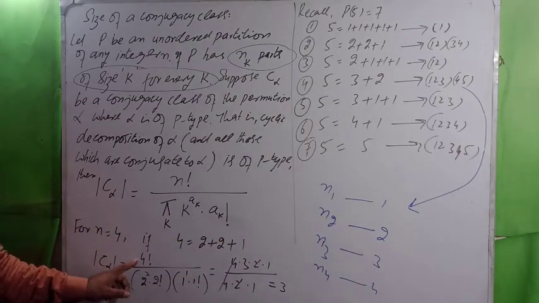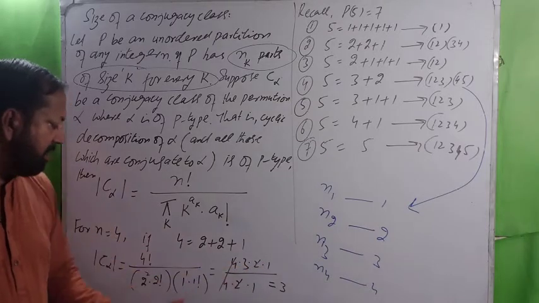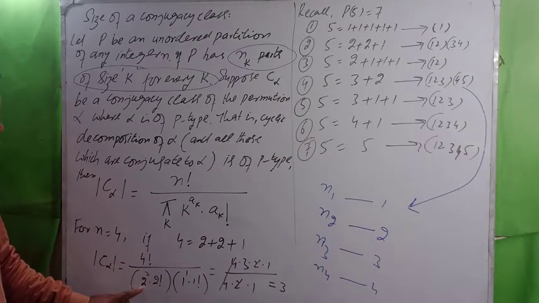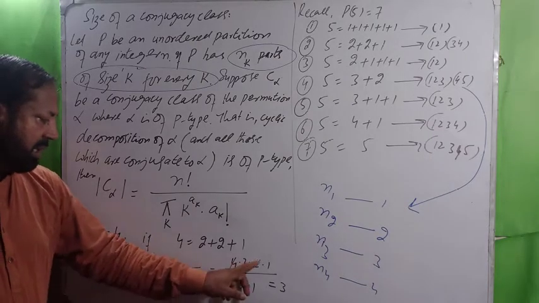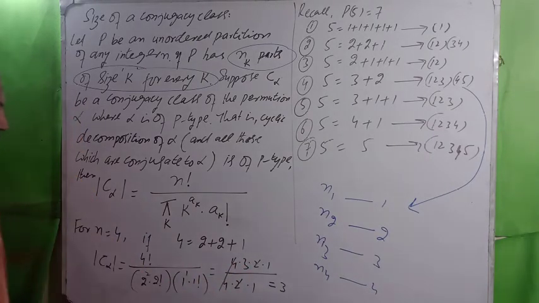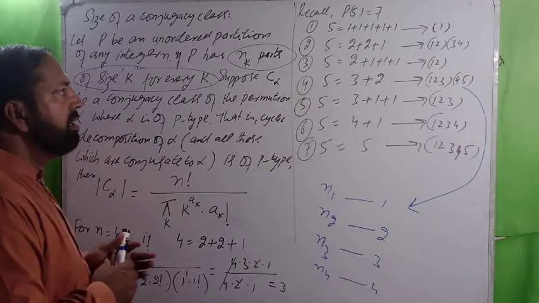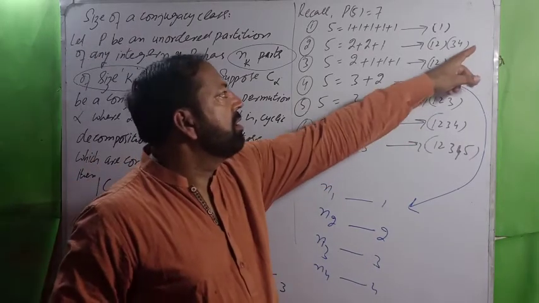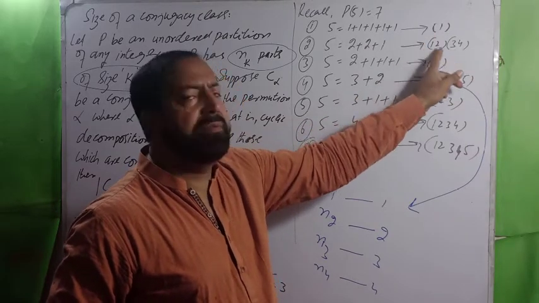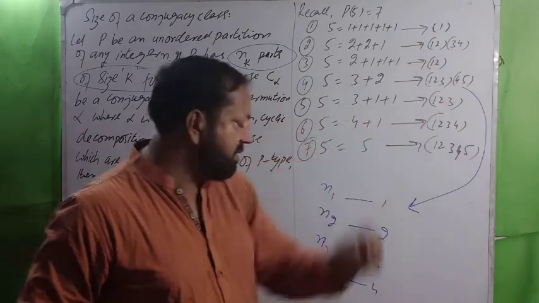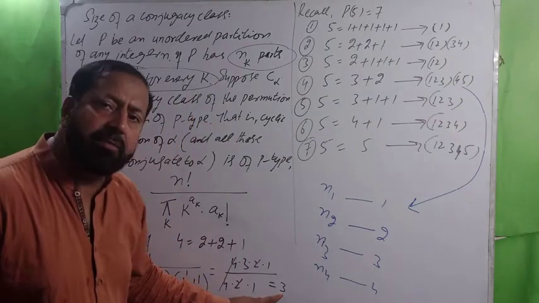So if you simplify, 4, 3, 2, 1 over 2 power 2, which is 4, and then 2, 4 into 2 cancel, so this is 3. It means that, in S4, the conjugacy class of a permutation of this type has 3 elements.